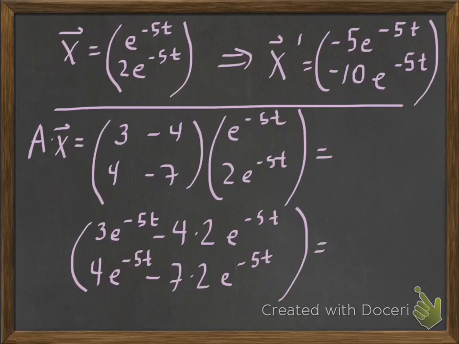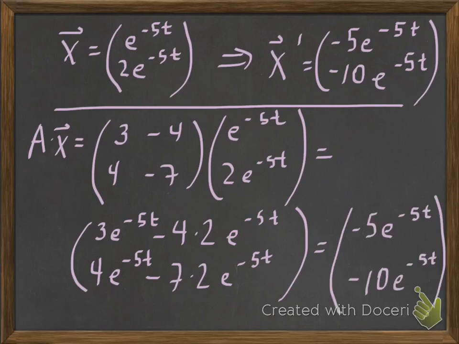And in my second row, I get 4 times e to the negative 5t minus 7 times 2e to the negative 5t. If you do a little algebra, you see that we get negative 5e^(-5t) and negative 10e^(-5t). Hey, those two things are equal. So my conclusion is that indeed the vector x solves my system of differential equations.